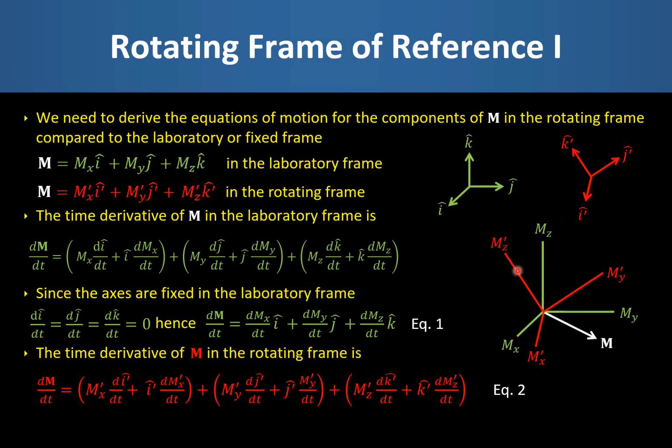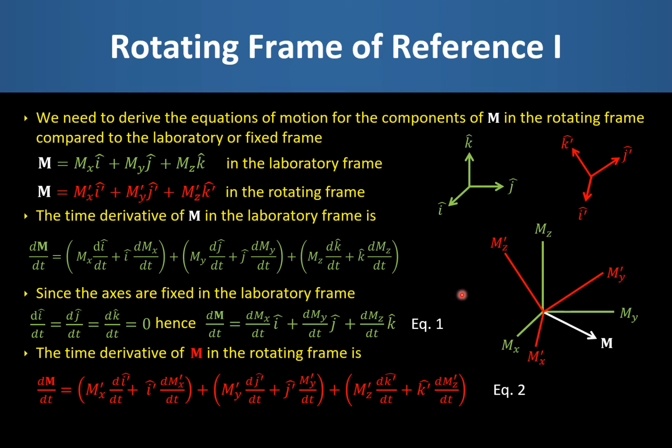If we consider two coordinate systems, x, y and z, together with x prime, y prime and z prime, the two sets of axes are rotated relative to one another where the origins of the two sets coincide. If we also introduce two sets of unit vectors with the same unprimed and primed axes, we can express the magnetization vector M in terms of the components along either set of axes.